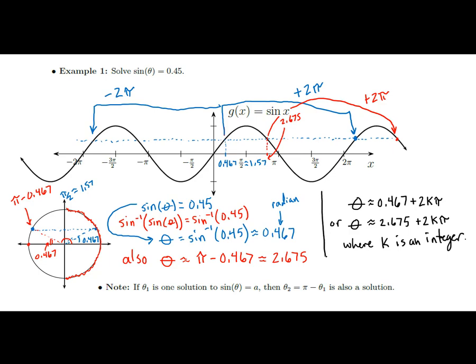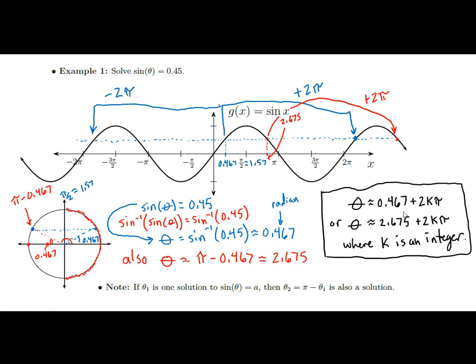So here's the full solution to my original equation, the sine of theta equals 0.45. It's approximate because I had to use my calculator to give me an approximation. And then also just note that this is the full solution here, and so you may be asked to give the first 4 positive solutions, for example.